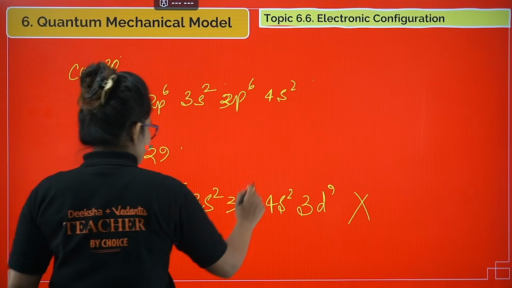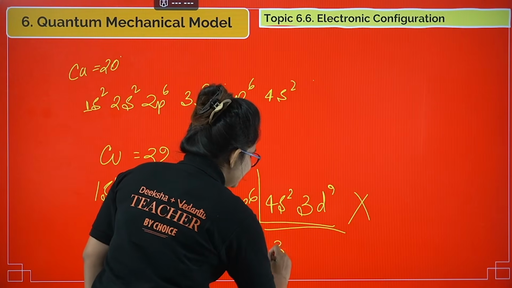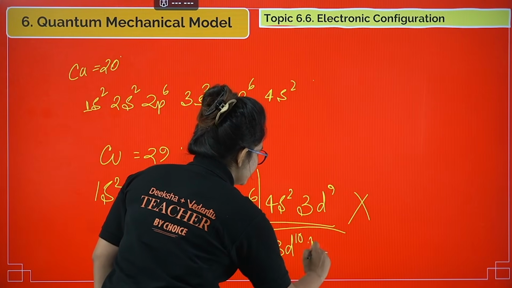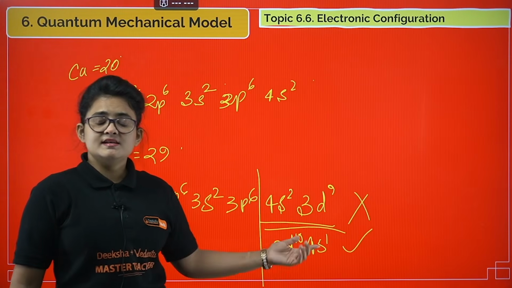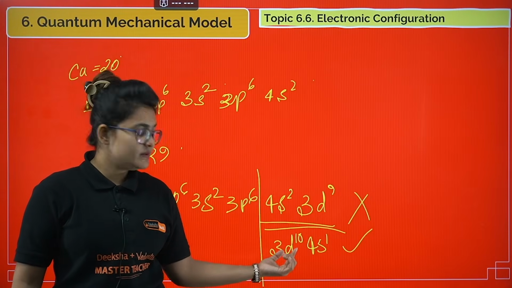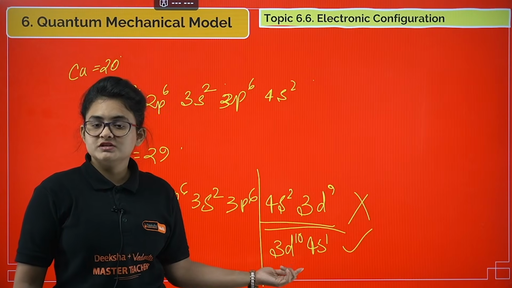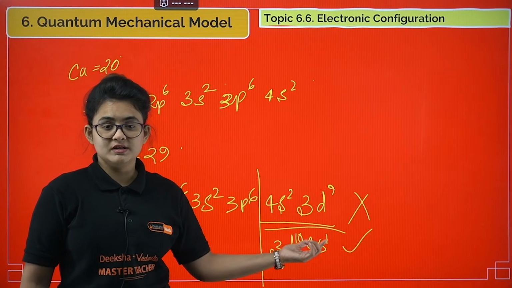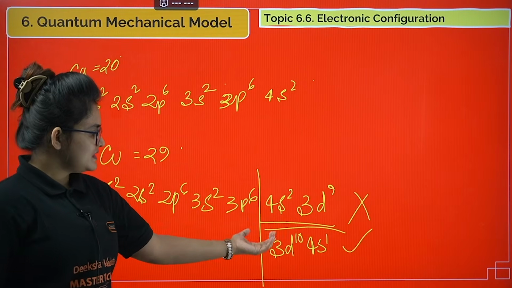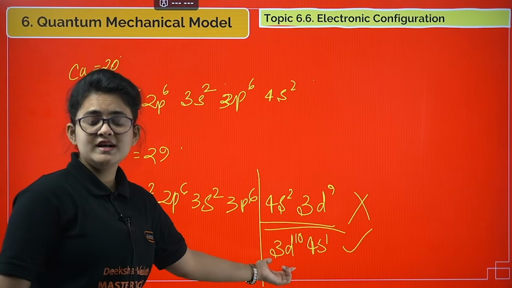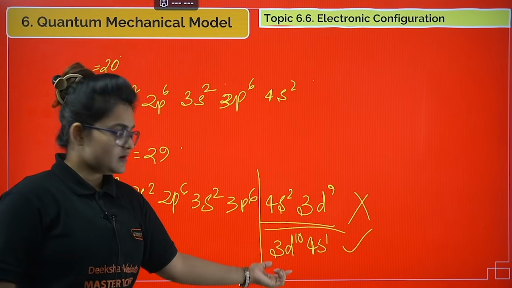Everything is the same up to 3p6, but then it becomes 3d10, 4s1. Why? Because 3d10 gets some extra stability from being completely filled. That's why one electron is exchanged from 4s, so 4s becomes 1 and 3d becomes 10. It is an exception, just because it wants the extra stability of a filled subshell.